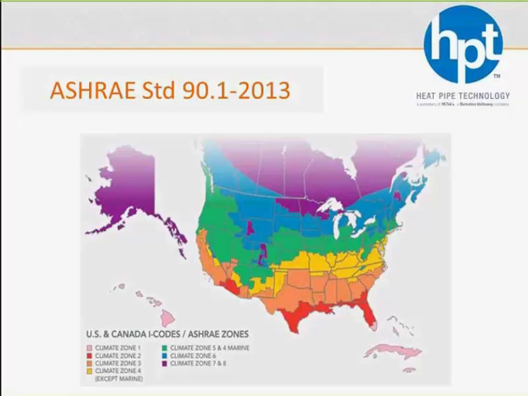So let's jump into ASHRAE Standard 90.1. First thing to point out is ASHRAE has this map of North America, and it breaks it down into climate zones. It's not showing it here, but the western half of North America is what they call the B climates, or the dry climates, except on the Pacific coast.